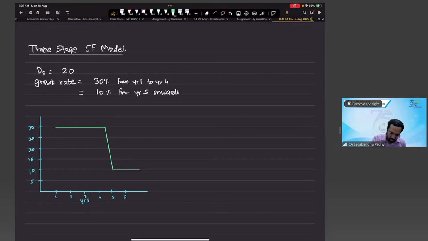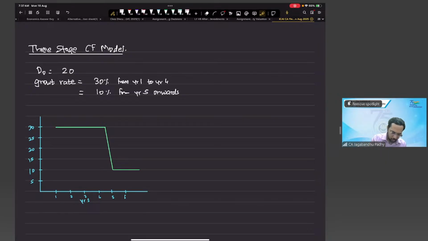Does it really seem appealing to you that you're going to have a high growth rate for a certain number of years and then suddenly the growth rate falls to 10%? It appears absurd, right? How can there be a drastic fall in the growth rate in one particular year? It's not going to be that way.